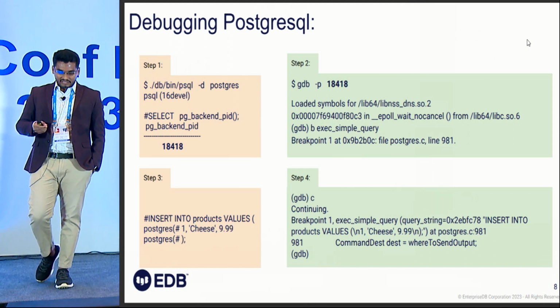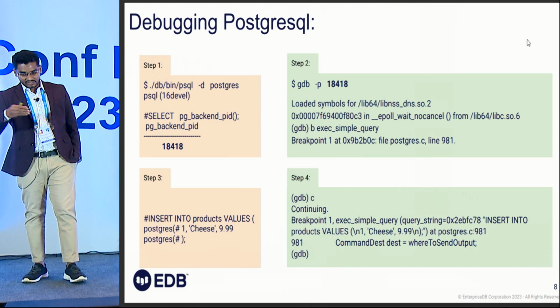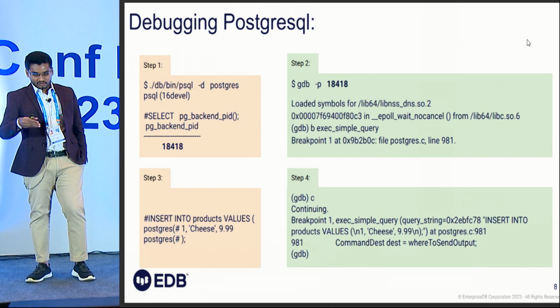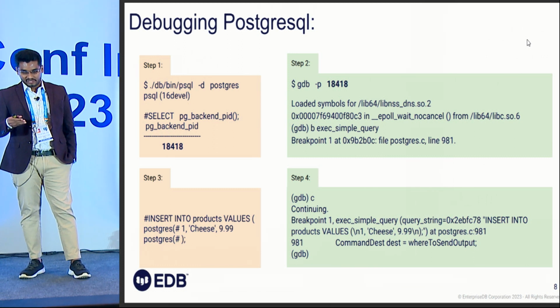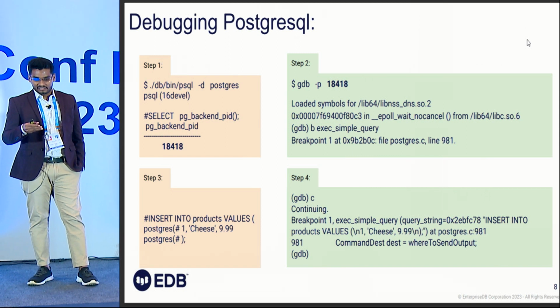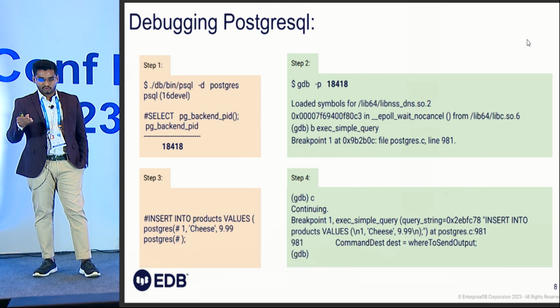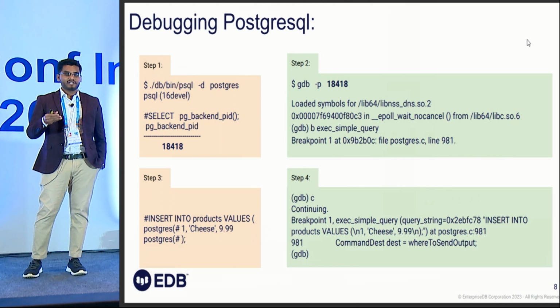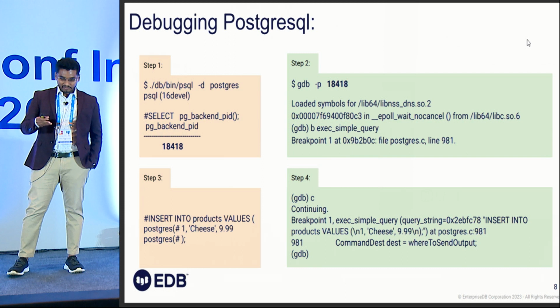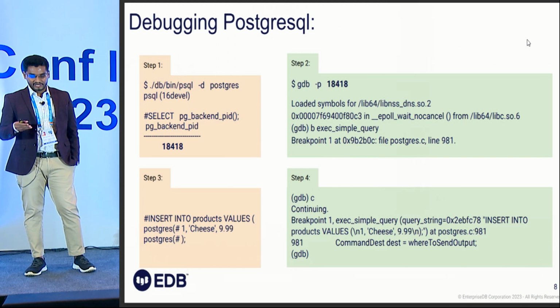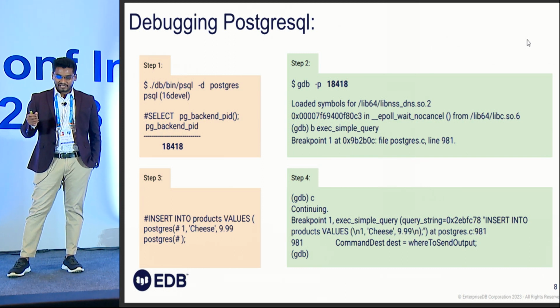You can consider step 1 as terminal 1 and step 2 as terminal 2. When you log in using psql to a Postgres database, you can run the select pg_backend_pid command to get the backend process ID, which we are going to debug. As an example, you can see 18418 is the backend PID.